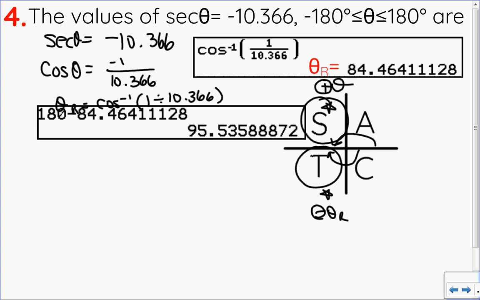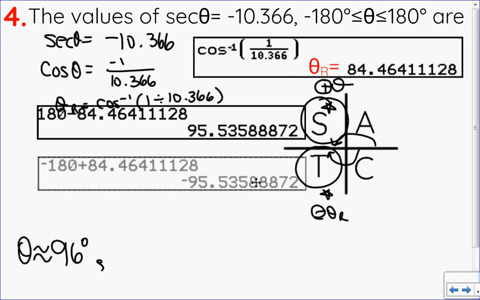So I'm going to say that my first angle is approximately 96 degrees. Okay, my second angle, haven't made it all the way to negative 180. I'm short of that. So this time I'm going to do negative 180 and add my reference angle to find out what my negative angle is. So that is going to be approximately negative 96 degrees.